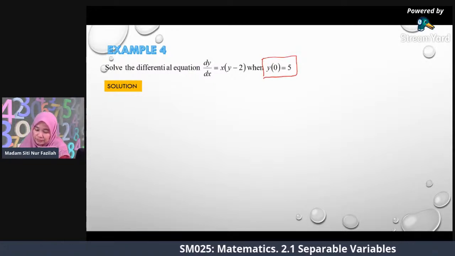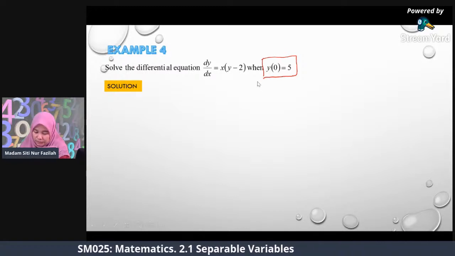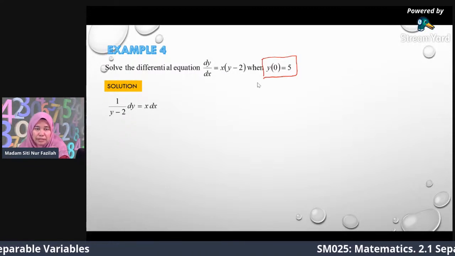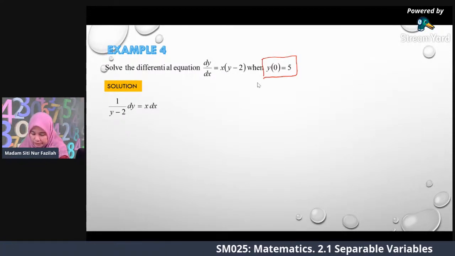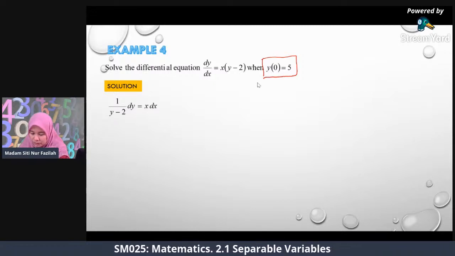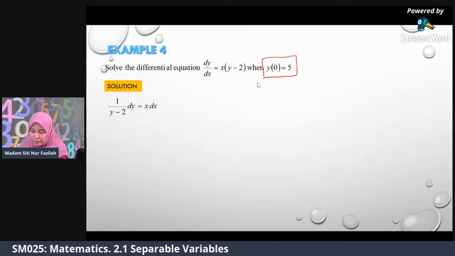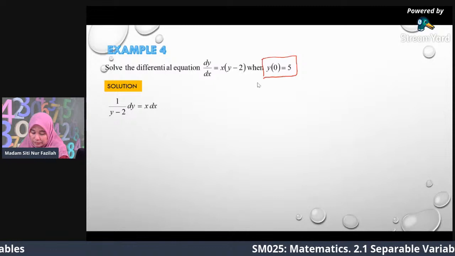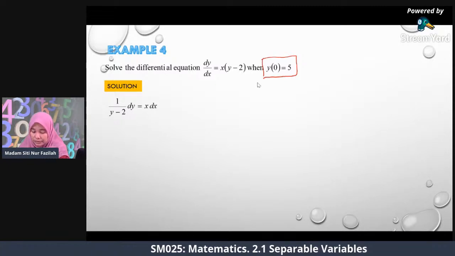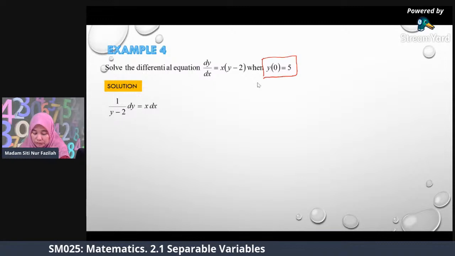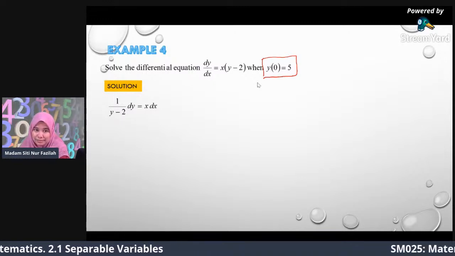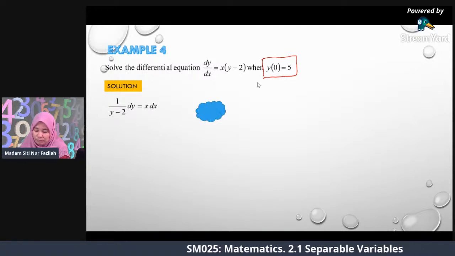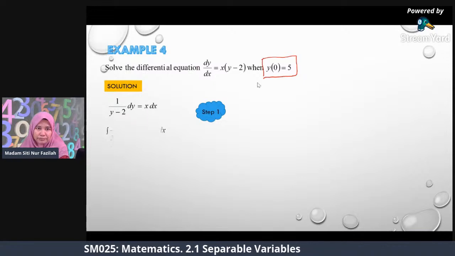First, we try to separate the function of x and the function of y by dividing by (y − 2) on both sides and multiplying by dx on both sides. That's why we can get 1/(y − 2) dy equal x dx. We have settled step 1.